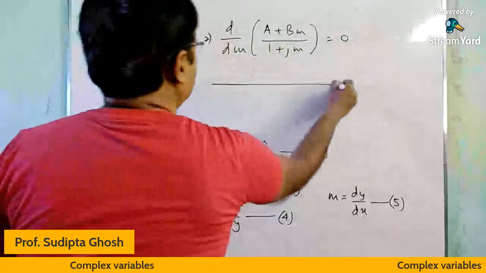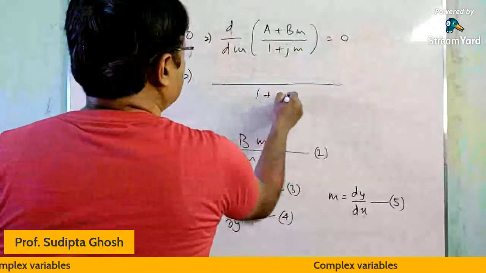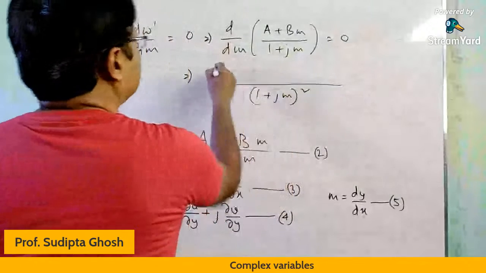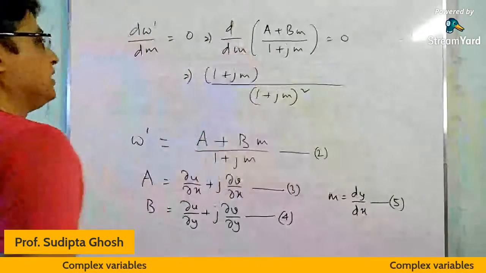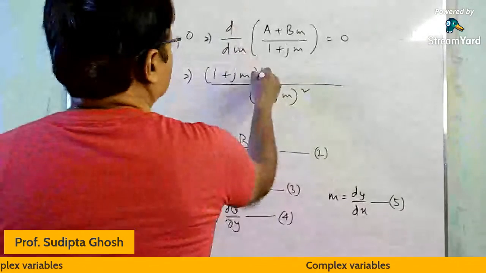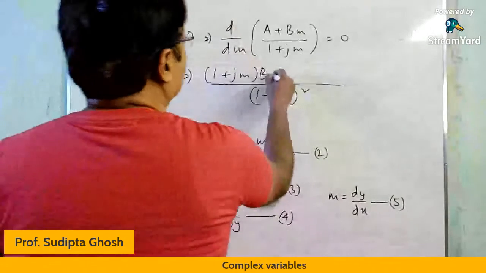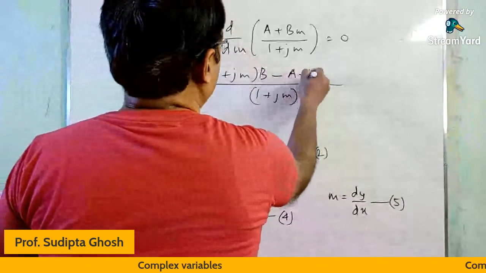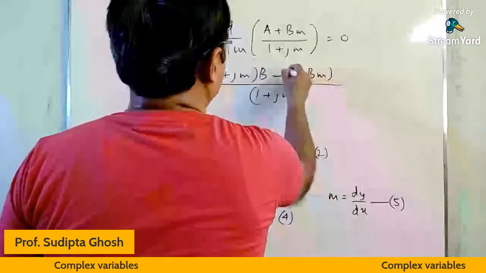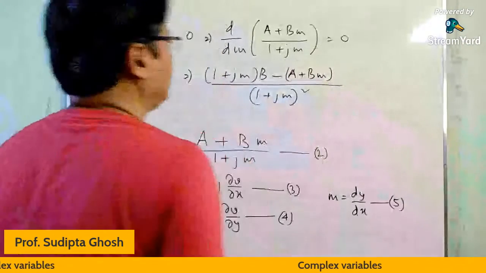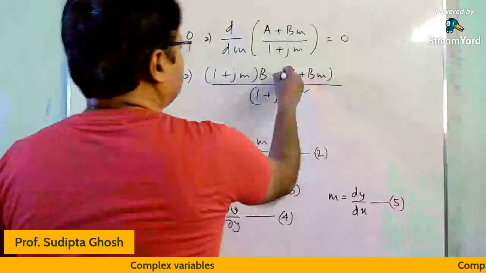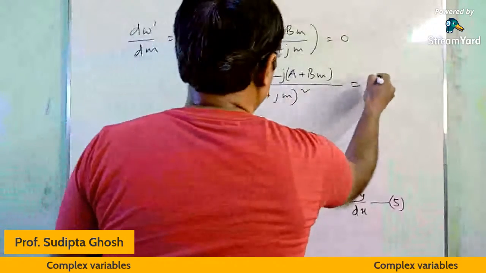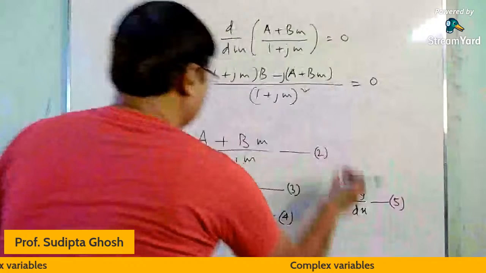We have (1 plus jm) whole square in the denominator, and in the numerator, differentiating a plus bm gives b, minus (a plus bm) keeping as it is, and then differentiating 1 plus jm with respect to m we get only j, and that will be equal to 0.